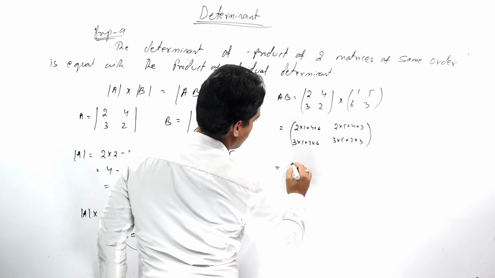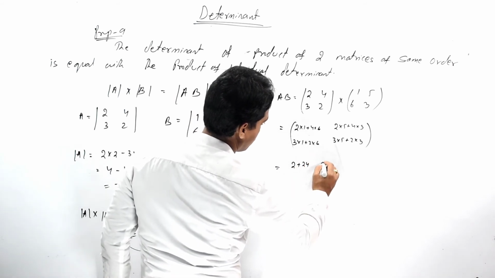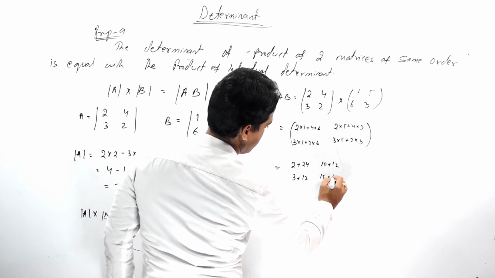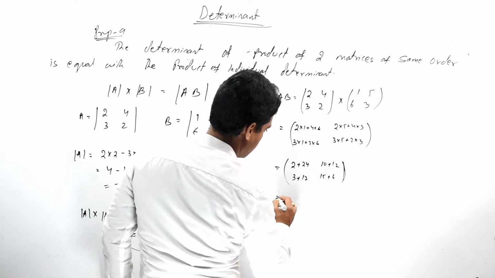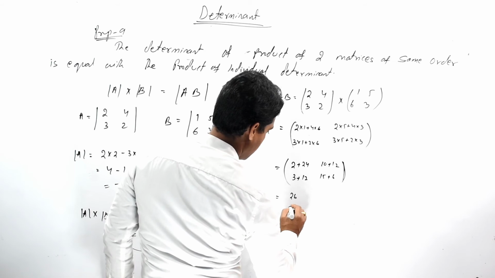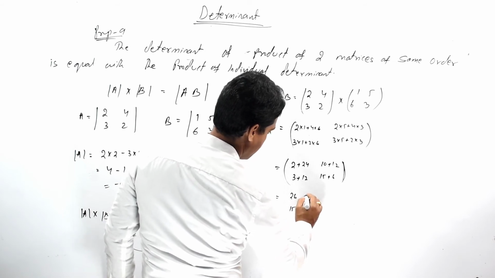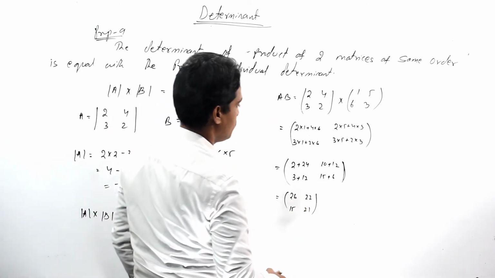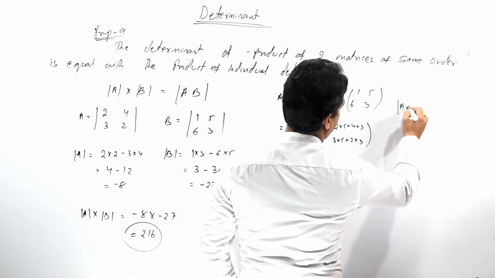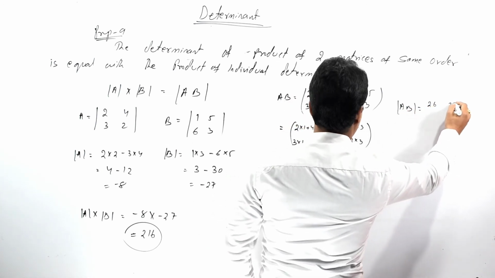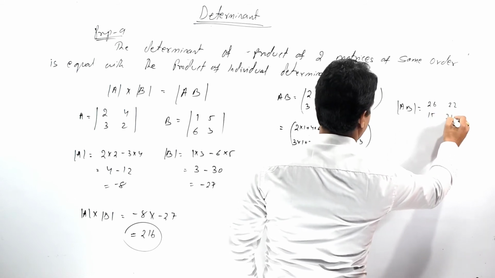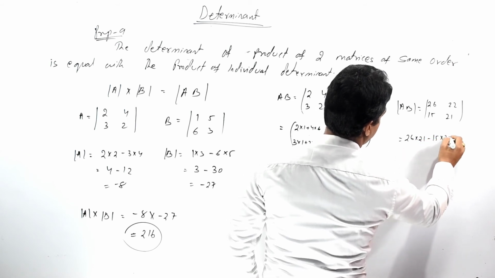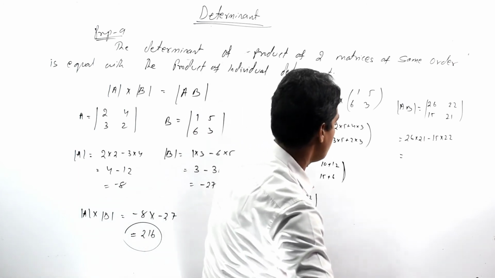So that is 2 plus 24, 10 plus 12, 3 plus 12, 15 plus 6, that is 26, 22, 15, 21. Now find out the determinant value of AB. The determinant value of AB is 26 into 21 minus 15 into 22.